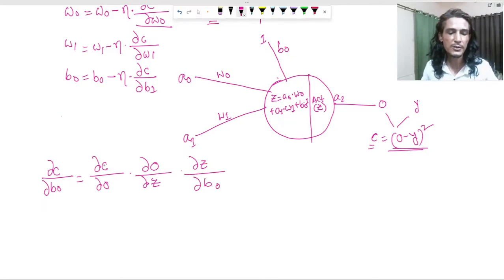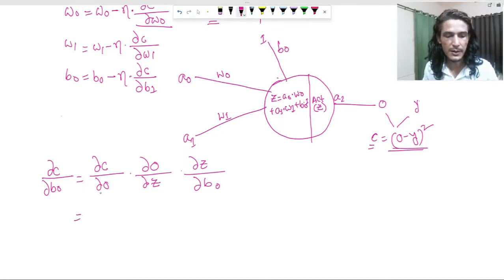You see here, the rate of change of the cost with respect to O, O with respect to Z, and Z with respect to B0. Now, Z directly depends on B0, so we can write this form, and O directly depends on Z, so we can write it. So C directly depends on O, so we can write it, right?